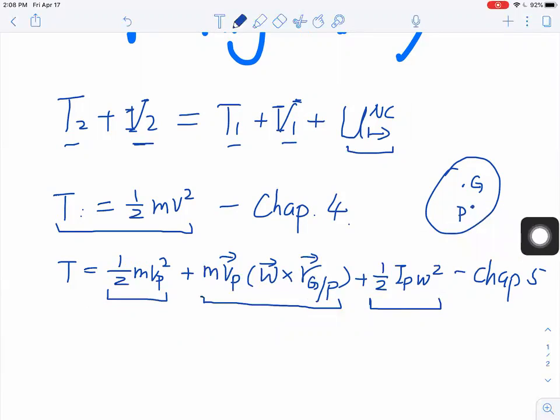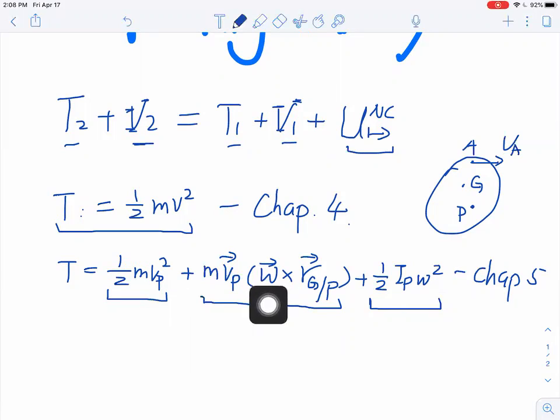So if we have other points, for example point A, and we only know the velocity at point A, you cannot just use vA to replace vP in this equation. It has to be the velocity at point P. And this omega is the angular velocity of the rigid body.